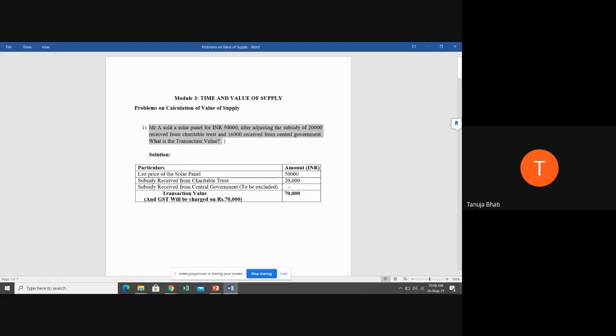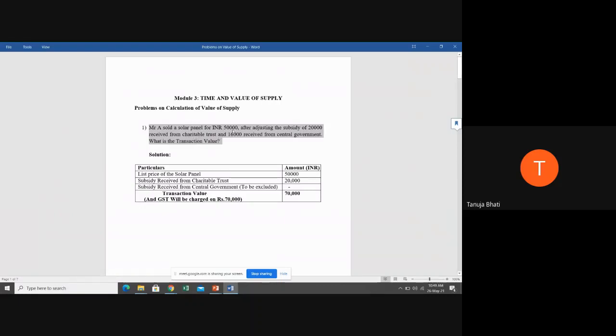Let us move ahead. Everyone can see the screen? Yes, ma'am. Okay. Mr. A sold a solar panel for 50,000 after adjusting the subsidy of 20,000 received from a charitable trust. Now, subsidy is a reduction in value.